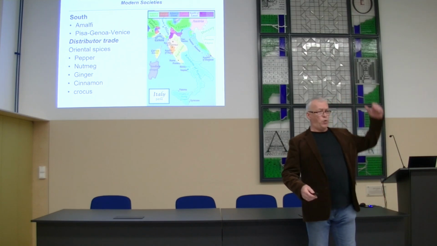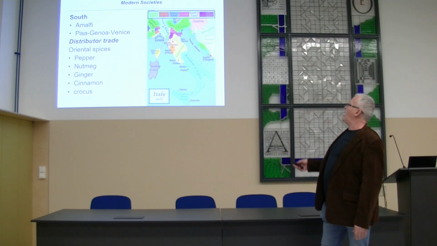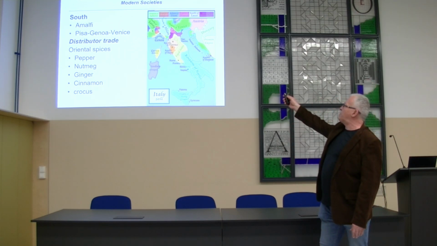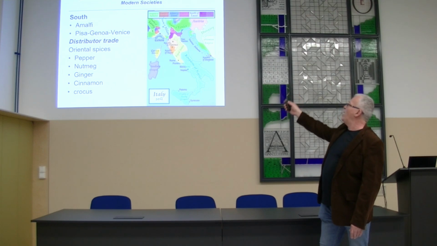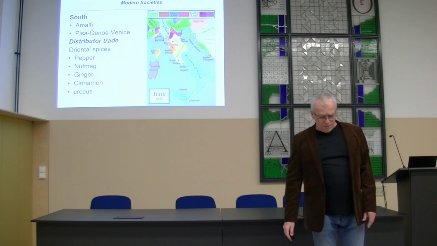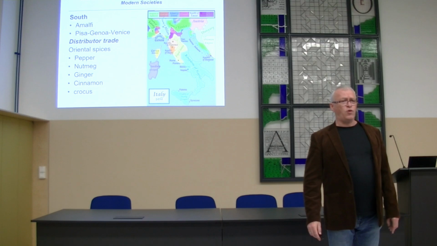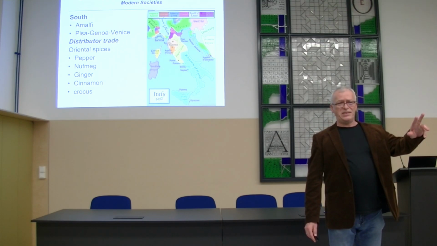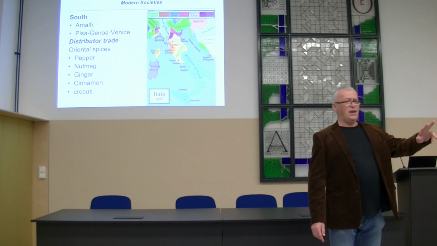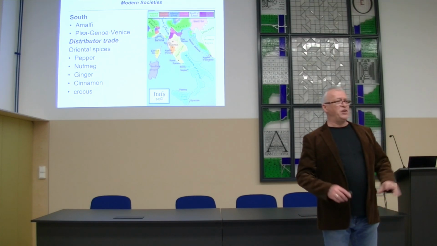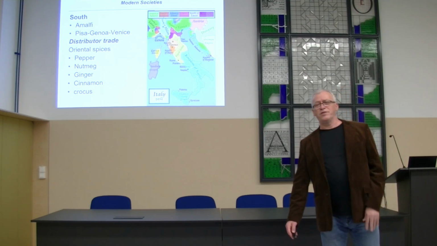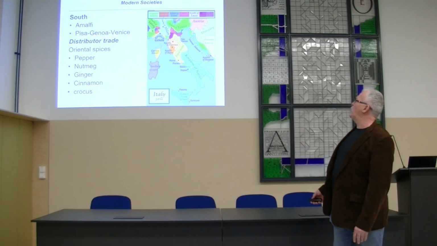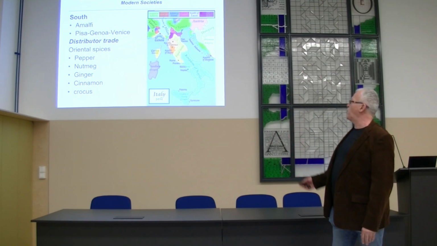As I mentioned, pepper was the highest one. The second generation of cities were Pisa, Genoa, and Venice, because Amalfi was destroyed by two tsunamis and visited three times by Vikings. You know, not so polite immigrants at the time, and they destroyed Amalfi. After that, the rivals in this trade were Pisa, Genoa, and Venice.